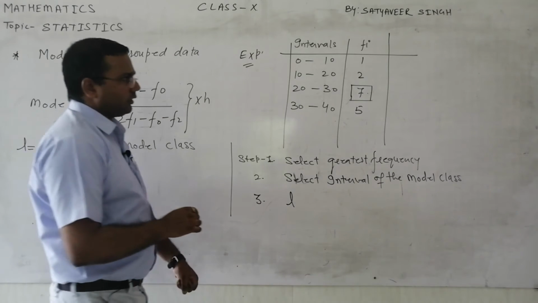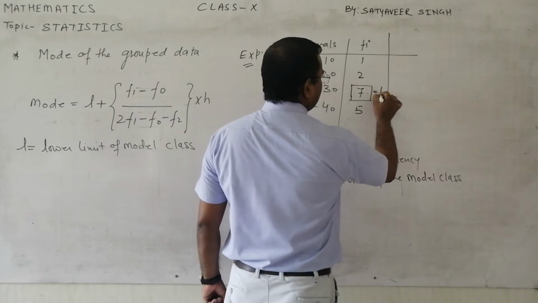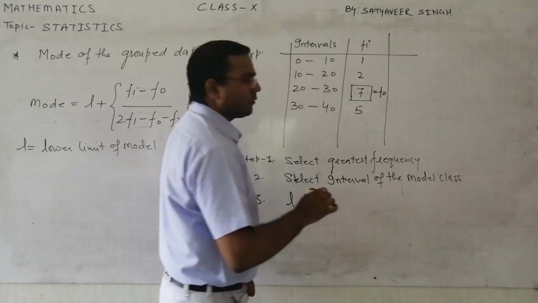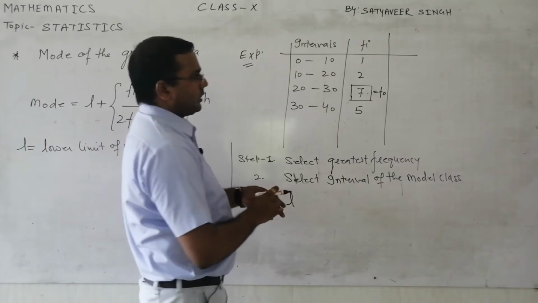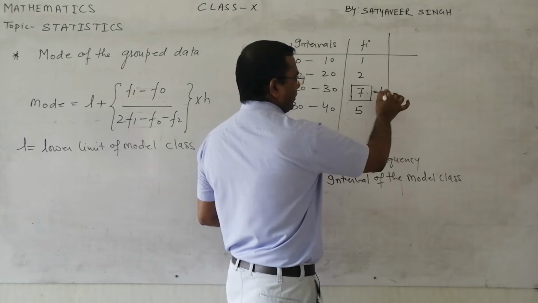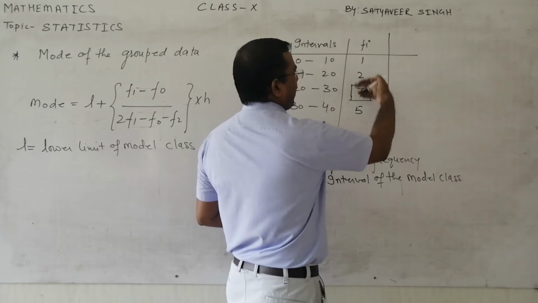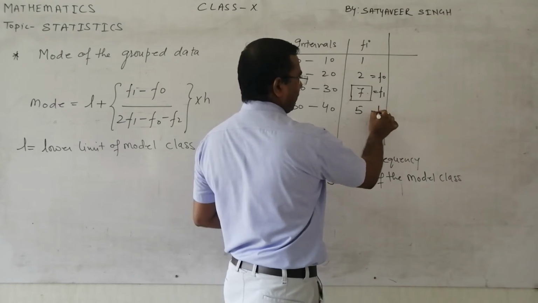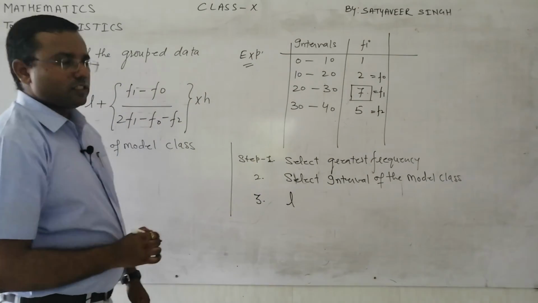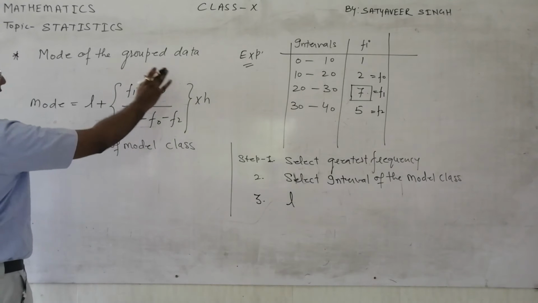And this frequency that you have selected is called F1, not F0, this is F1. Before this, the frequency is F0, and after this, the frequency is F2. So these are all the terms I have used here.